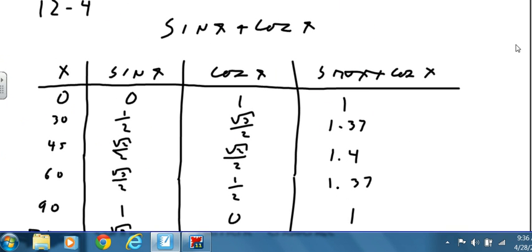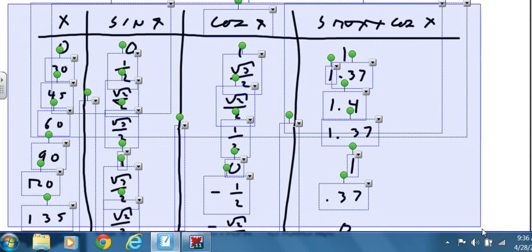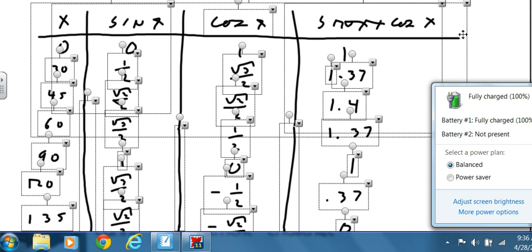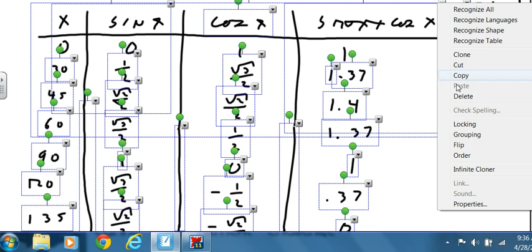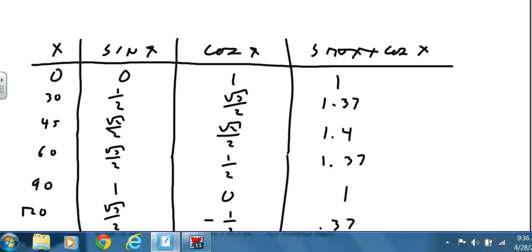Alright, well, that's just the way it is. We'll do it a little at a time. Okay, so we want to copy. Paste. Alright, and this is number 3.